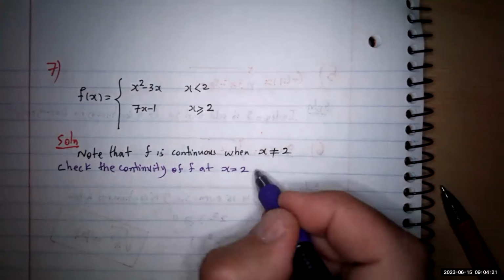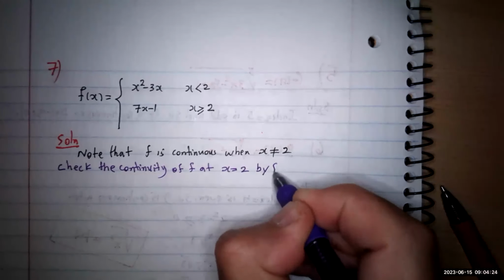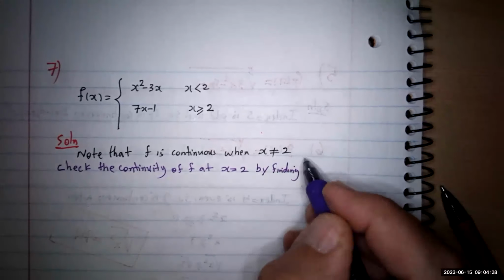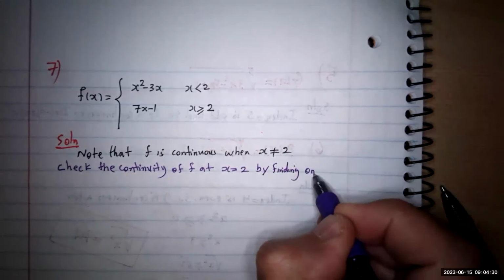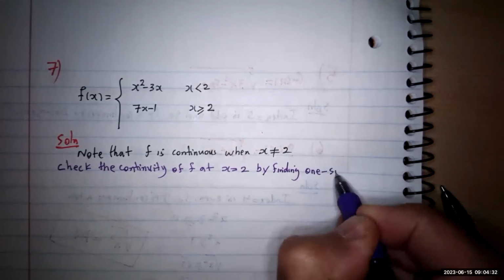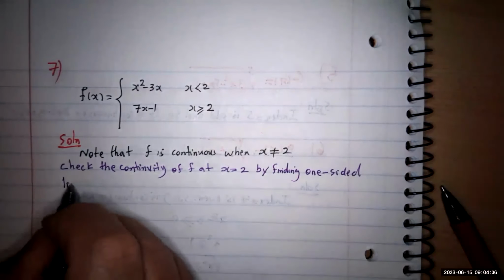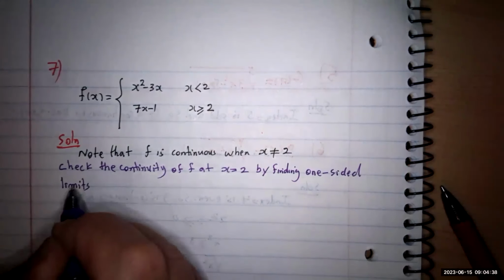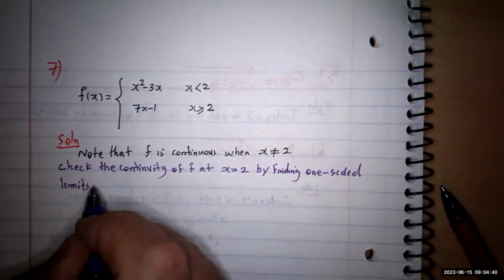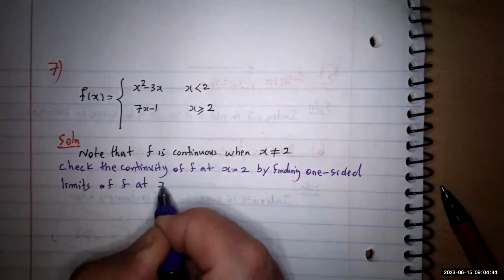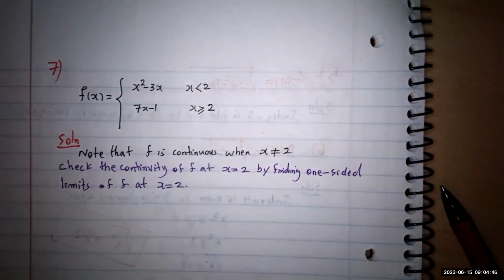Now we're going to check it by finding the right and the left limits. I call them one-sided limits of f at x equal to 2, the partition point.